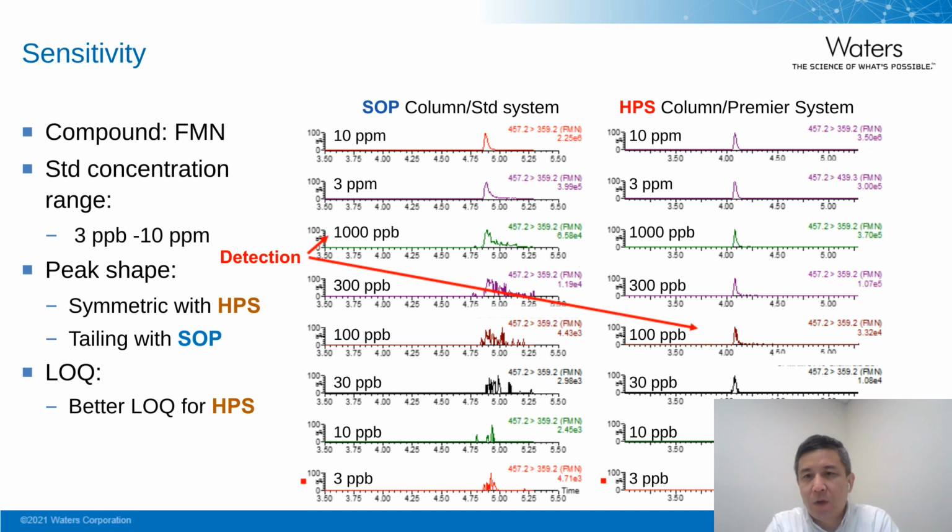And by visual inspection, clearly you can easily see that the detection levels for the HPS setup is much lower than the detection levels for the SOP.